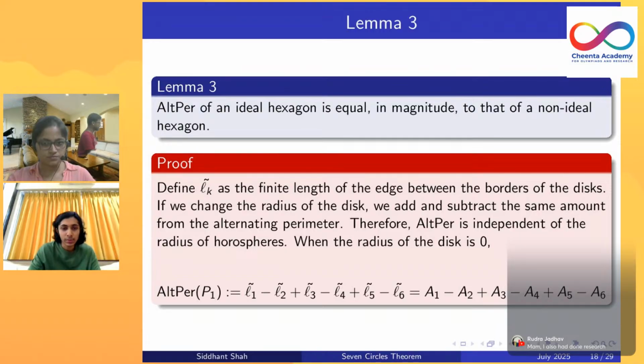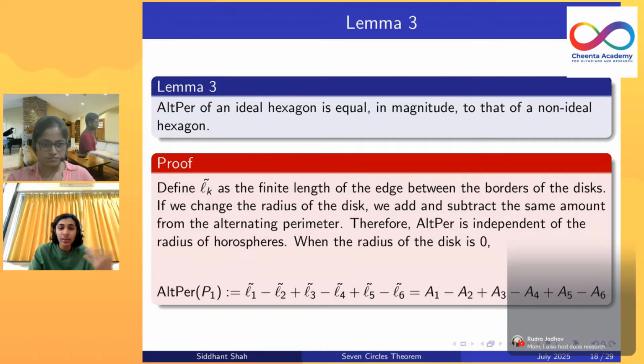I proved this by defining that if we have some line segment, for example LK tilde, as the finite length of the edge between the borders of the disk, if we change the radius of the disk, we add and subtract the same amount from the alternating perimeter. Therefore we introduce the idea that the alternating perimeter is always independent of the radius of the horospheres.